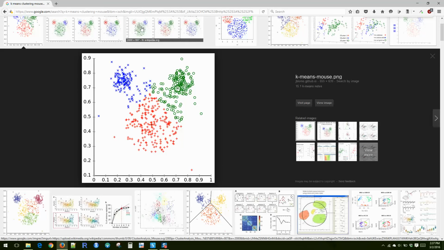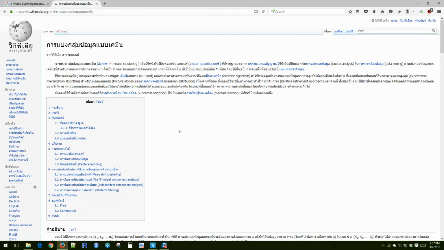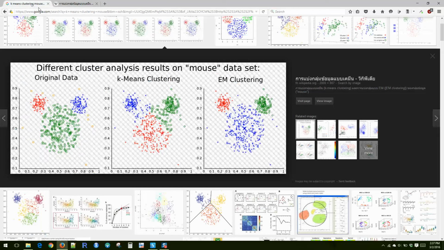So probably the original data, we've got this thing going on. All of this data belongs to the green group, this belongs to the blue group, this belongs to the red group. Can I copy this image? So, you know, we want to do something like this.